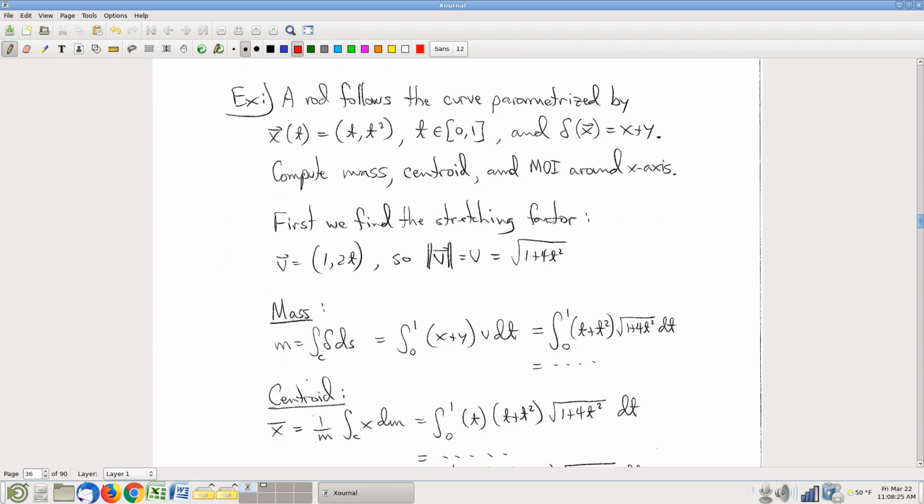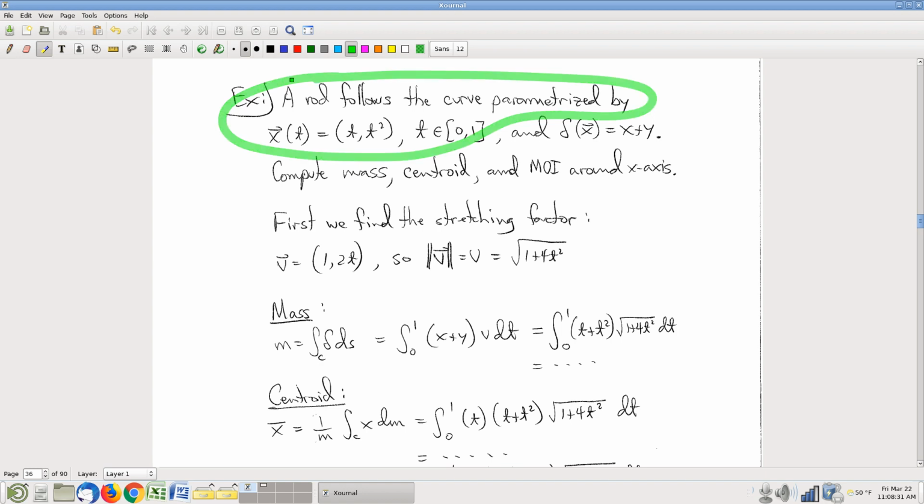Suppose you have some rod in space, a bent wire, like that. Suppose you have density on that wire. So mass is distributed across that bent wire according to a certain formula. There it is. Density is a function of position. So we've got our parametrized curve.